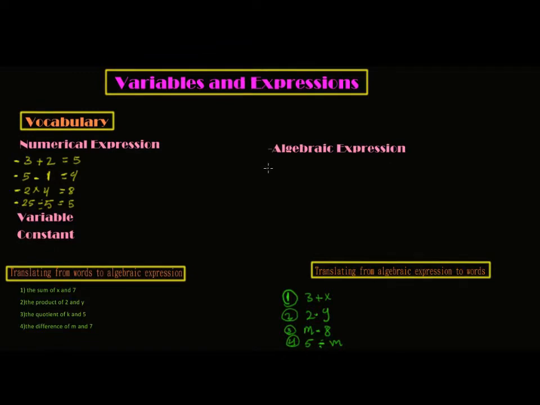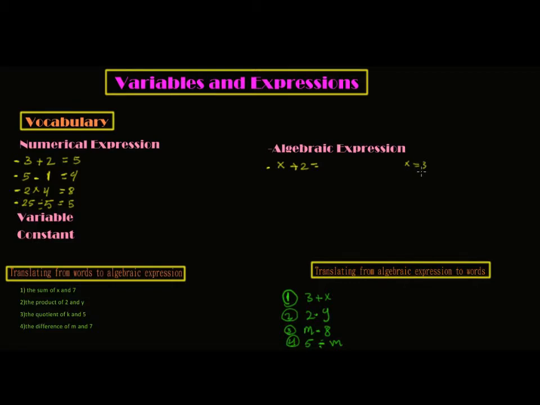If we take an example, like x plus 2, you couldn't find the answer of that expression until you find the value of x, because here we have a symbol or a letter, and it's unknown. So we don't know the value of x exactly. If I told you x equals 3, now you could find the value of that expression.